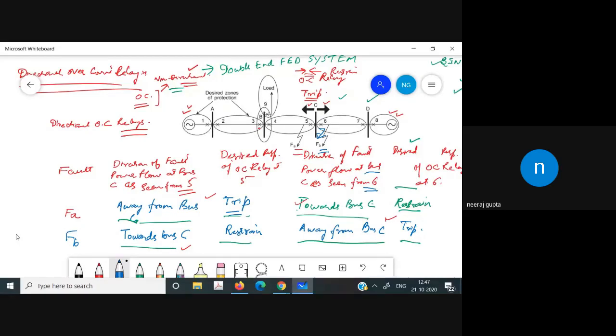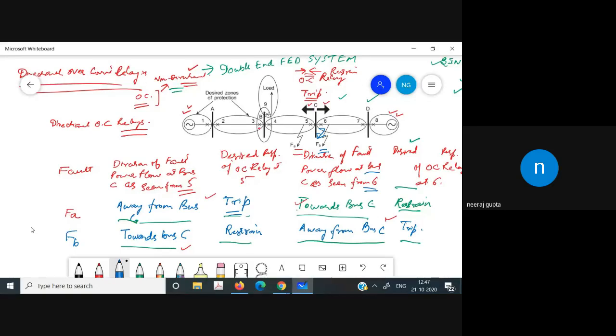However, considering the bus, if the fault power is moving away from a particular bus, then the relay will give the trip command and the desired zones are generated. If the fault power is moving towards the bus, then the relay will restrain.